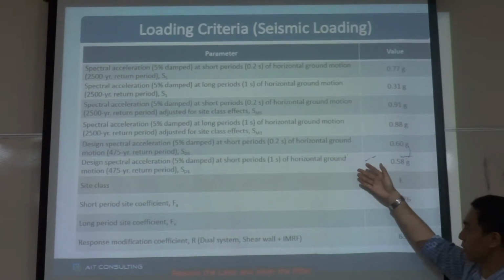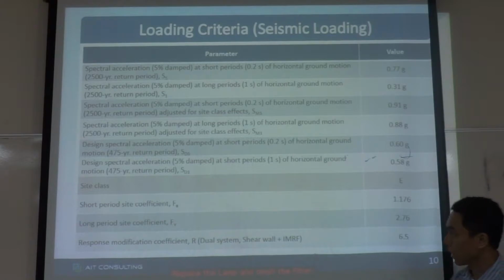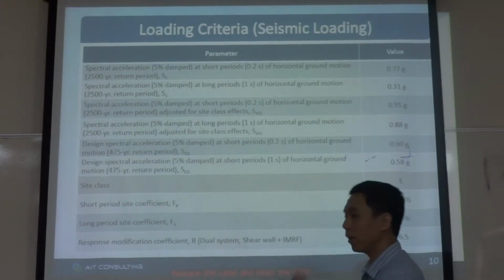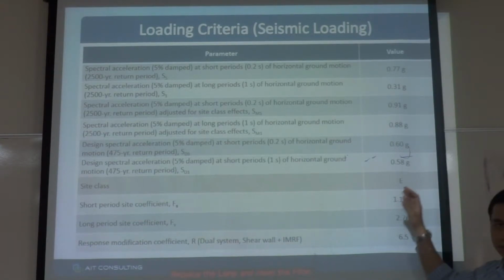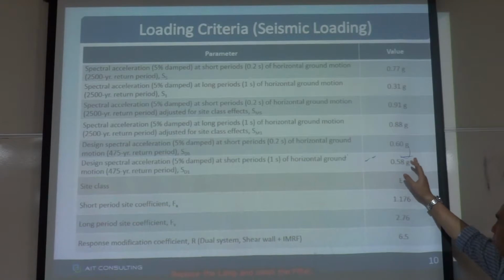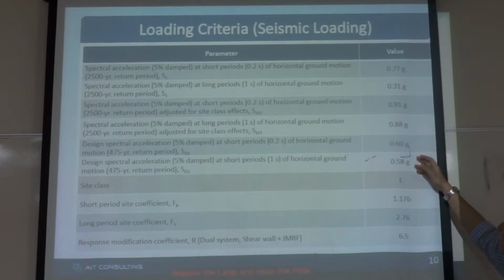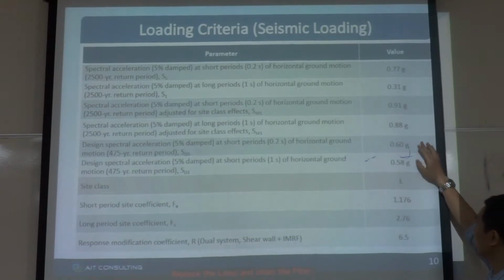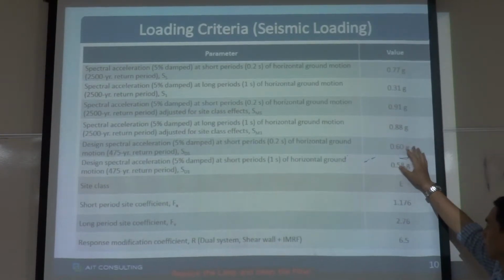The design basis level earthquake has a return period of approximately 475 years. That level of earthquake is approximately 2/3 of the MCE domain, so we multiply by 2/3 to get these parameters.